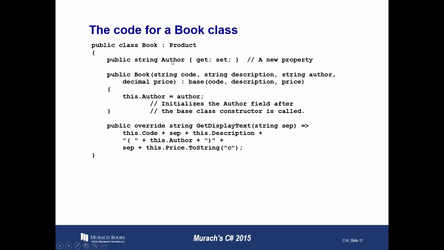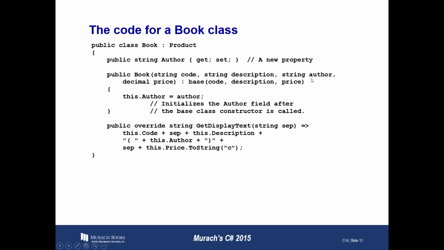So what are we changing in here? We've got a new property called author, get set, and notice when we call the constructor for this, we've got still string code, string description, string author, decimal price, but we are saying, hey, parent, product, you take care of the code, you take care of the description, you take care of the price, I'll take care of the author.